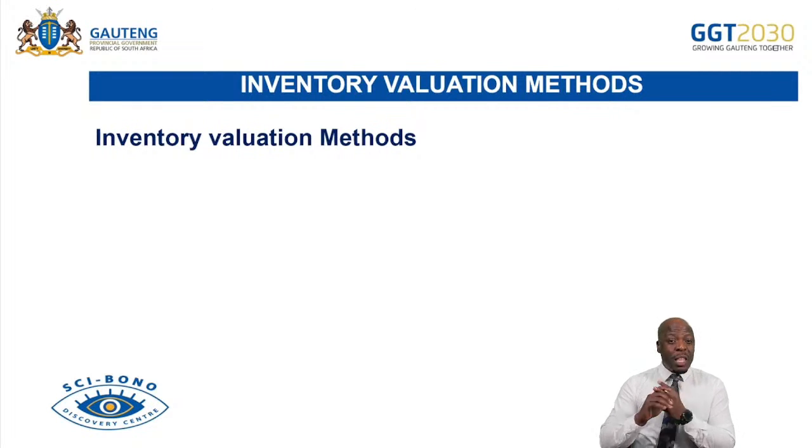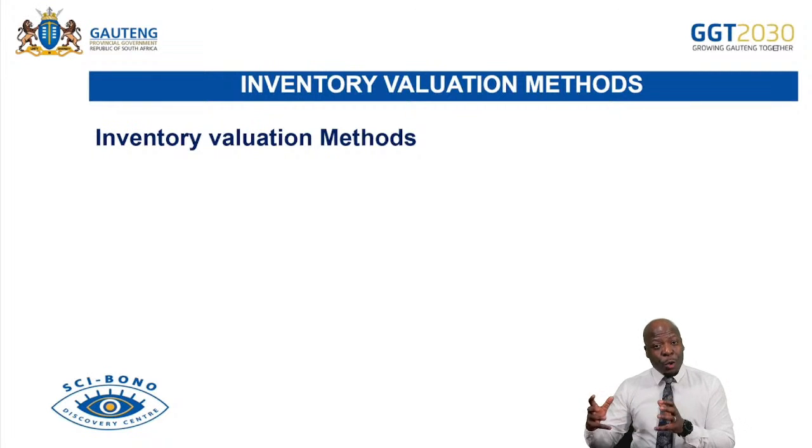The perpetual, where we continuously calculate our stock levels, and our cost of sales is readily available at any point. And then the periodic inventory system, whereby we only know our stock levels at the end of a particular period, such as the end of the financial year. Two stock systems: perpetual and periodic. And then we are now going to the inventory valuation methods.